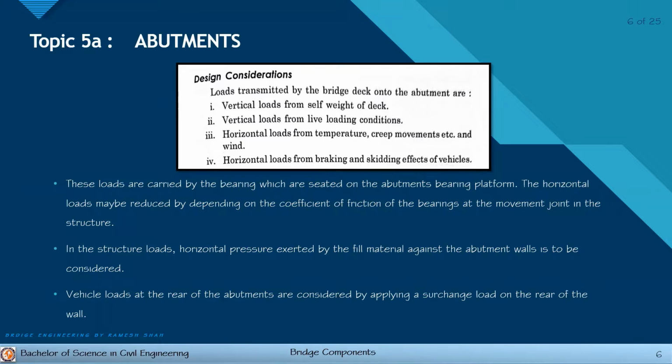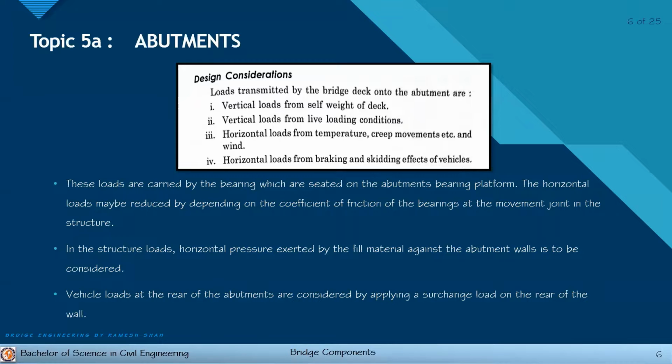So ang ating bearing is makikita sa ating abutments na kung saan the horizontal loads may be reduced depending on the coefficient of friction of the bearings at the movement joint in the structure. So nakadepende rin kung anong magiging epekto nito sa ating bearings. Nakadepende siya sa coefficient of friction na magpo-provide ng ating loads from the superstructure down to our abutments.